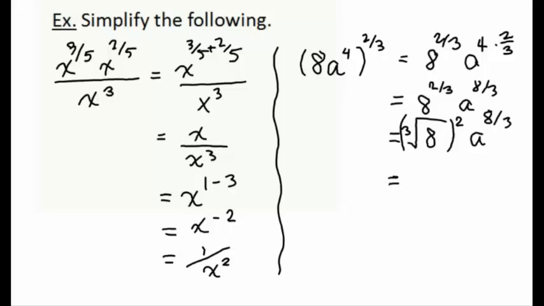We know that the cubed root of 8 is 2, so we're going to get 2 squared. And 2 squared is equal to 4. So here we have a fairly simplified version. We have 4 times a to the 8 over 3. And I would probably favor leaving it like this and not introducing any more radicals into our simplified answer.